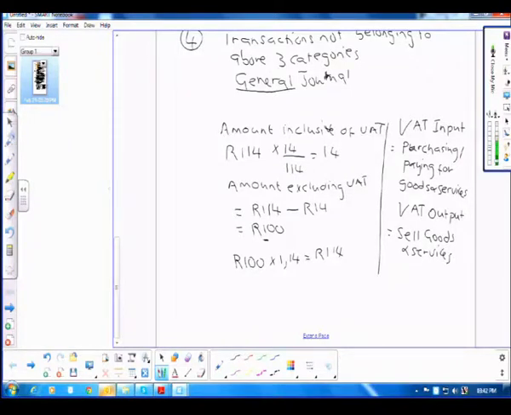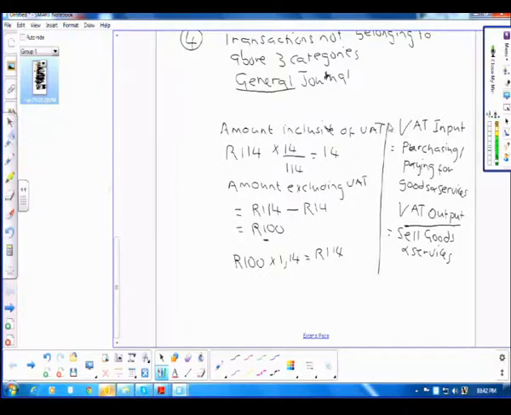So VAT output is when you're selling, and VAT input is when you are buying. We'll see this in our exercise.